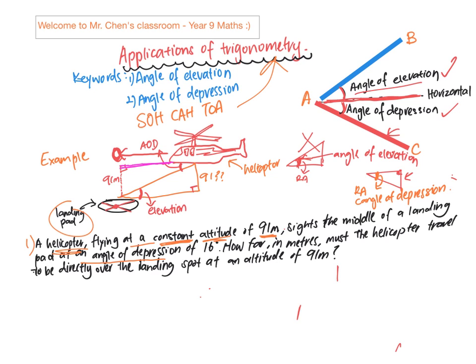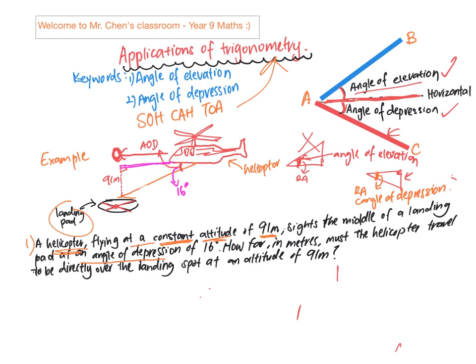Let me first get rid of that one. When you get rid of that one, it gives you a clearer view of the right angle triangle. Since it is a right angle triangle and we know one of the angles and also one of the lengths, which is 91 meters above the ground, the angle of depression right here is 16 degrees.